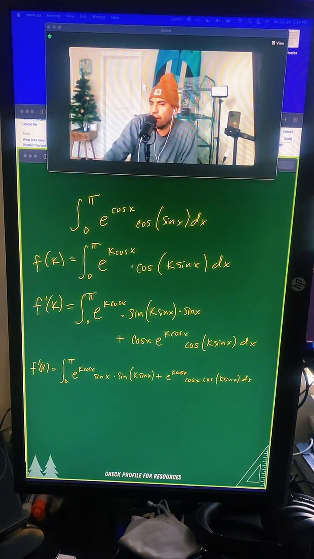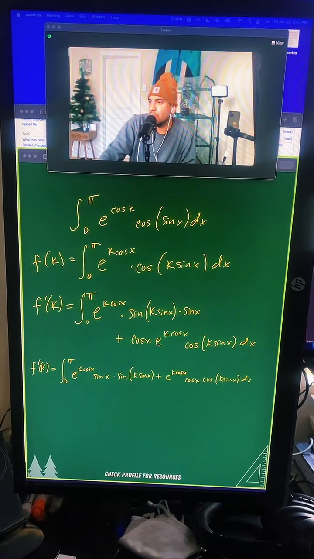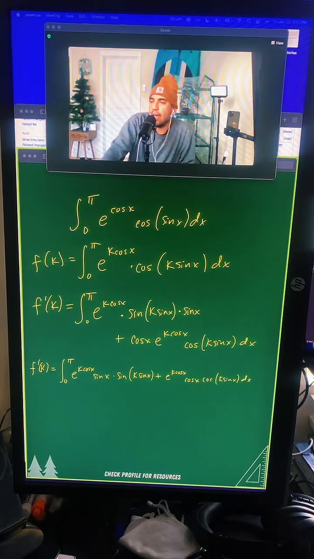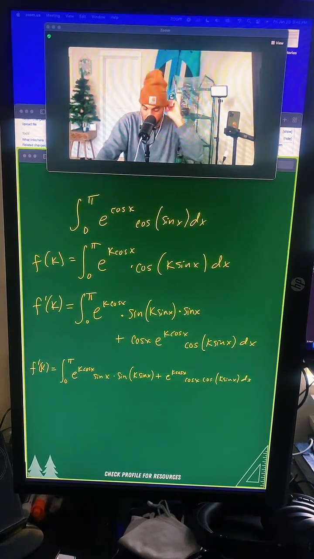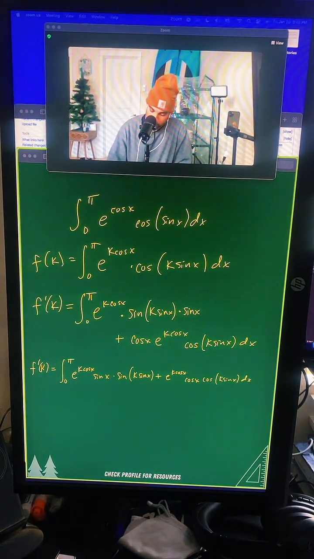Wait, am I missing something? I hope I'm not. We'll see. Yeah, see, what differential equation are we talking about here? I think you're right, but I don't know what differential equation this will be. Definitely going to split into 2. So let's go ahead and do that now.